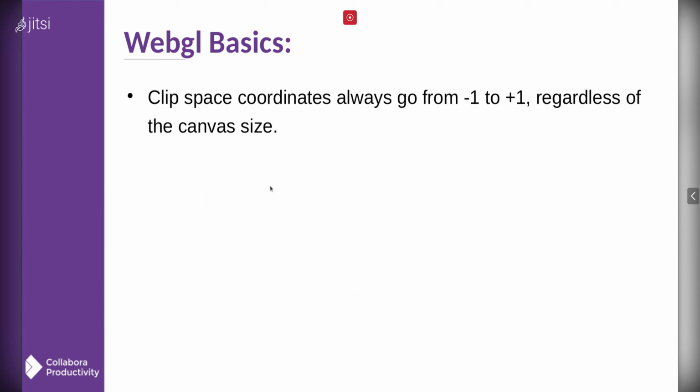Clip space coordinates always go from -1 to 1, regardless of the canvas size. Whatever canvas size you use, clip space is -1 to 1. Every x, y, and z coordinate goes from -1 to 1.